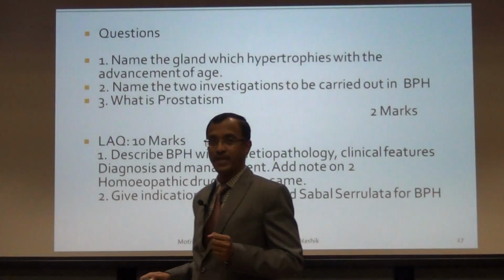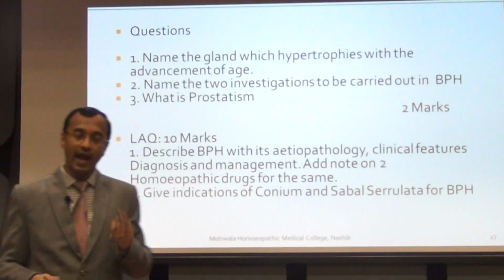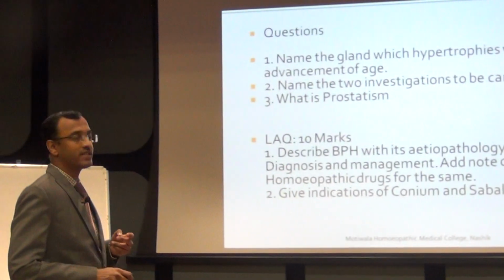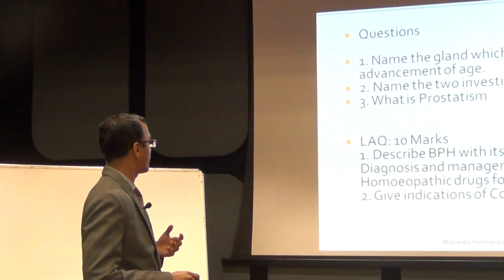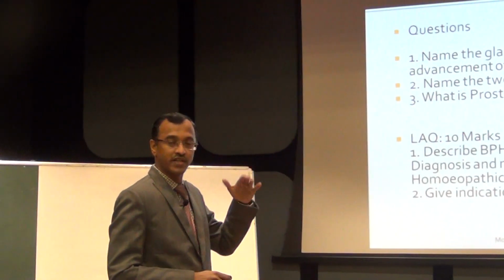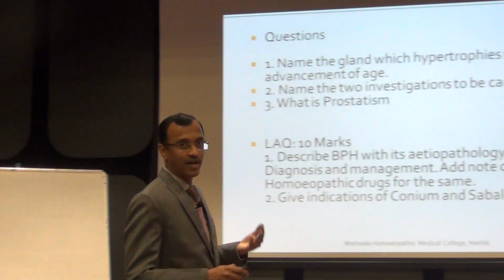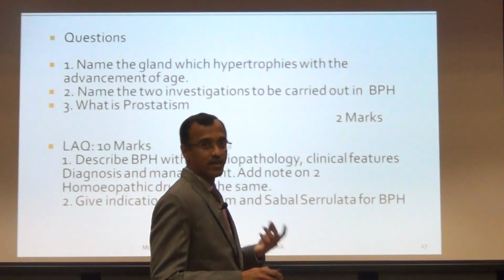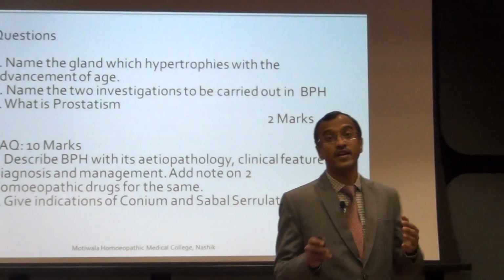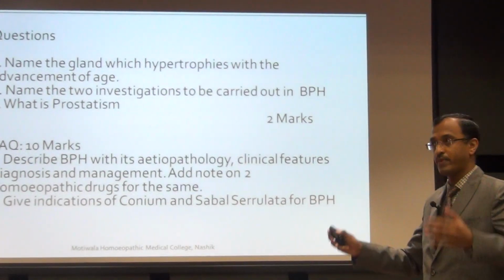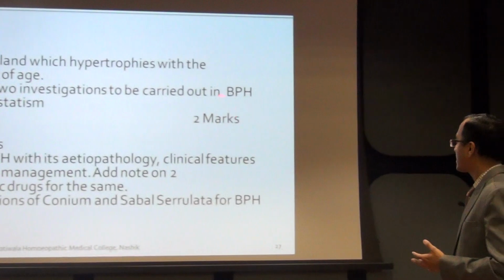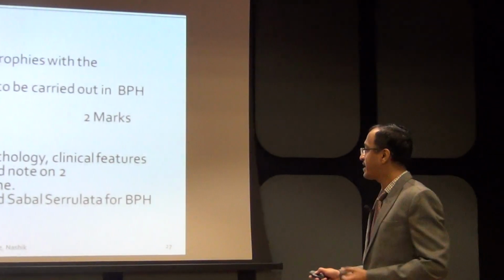The commonest should be ultrasonography, and one can think of prostate specific antigen or post-void amount of urine in the ultrasonography. What is prostatism? Again, it is a triad of symptoms where we are talking about urgency, frequency and hesitancy in the clinical condition of benign prostatic hypertrophy. So these are the likely questions for 2 marks.